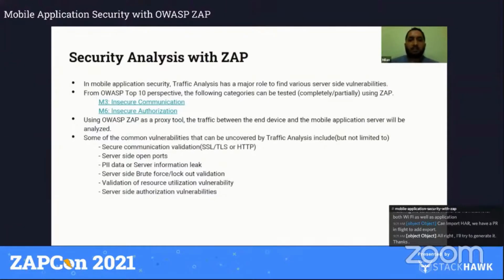You can check for server-side brute force attacks or lockout validations. You can check for resource utilization and also server-side authorizations. Basically, whenever you are intercepting the traffic from a mobile device, you are analyzing the traffic in a web application context. So most of the defects you see here look like the vulnerabilities that you will commonly find in a web application.